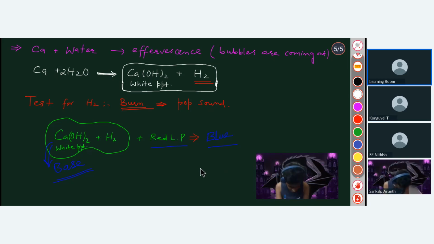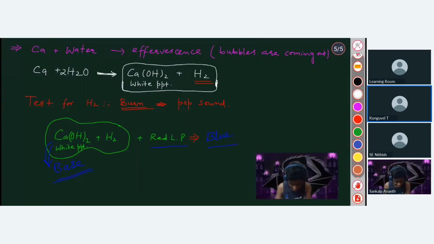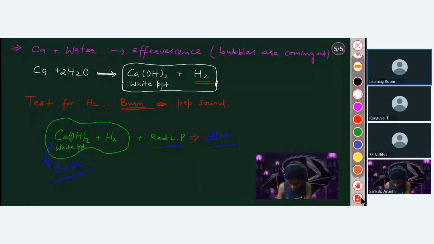So this reaction will be important. Shall I move to the next page? Okay. I'm having three metals, that is magnesium, iron, and copper. Tell me which will be more reactive towards oxygen.